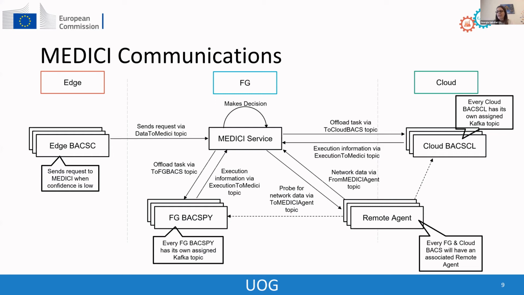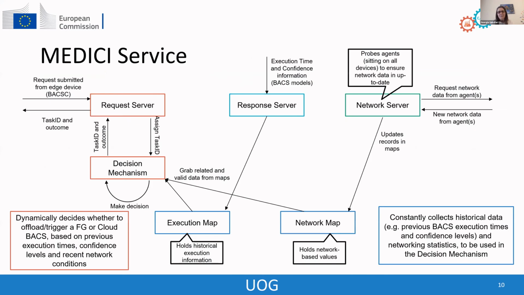So if we move on to the next slide, this is the actual MEDICI service, where we have the request server getting the requests from the edge devices. And then we also have some servers for the responses from the devices that the decision was offloaded to, so that we can have some execution time and confidence information to be used in the future decisions that we make.